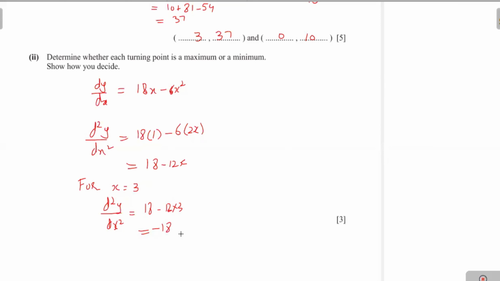And d squared y over dx squared is less than 0. Therefore, when the second derivative d squared y over dx squared is less than 0, the function with the turning point at x equal to 3, the turning point is a maximum.